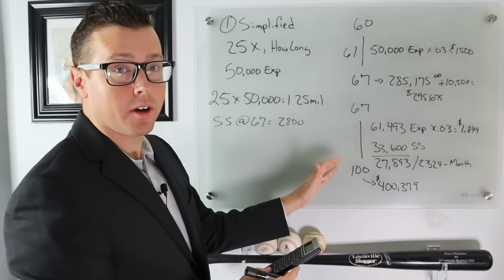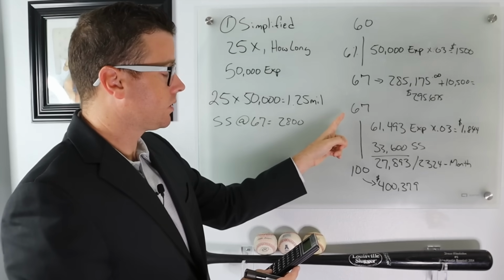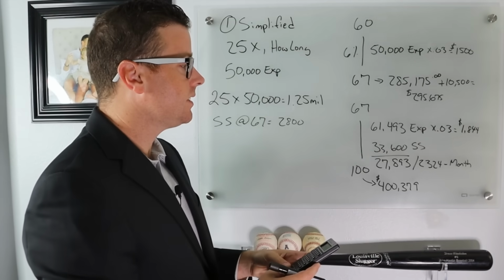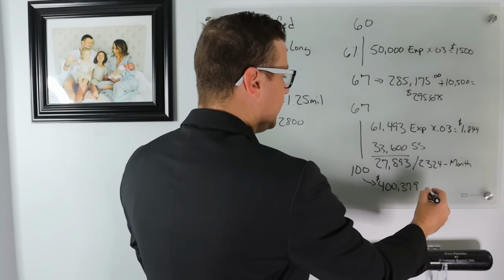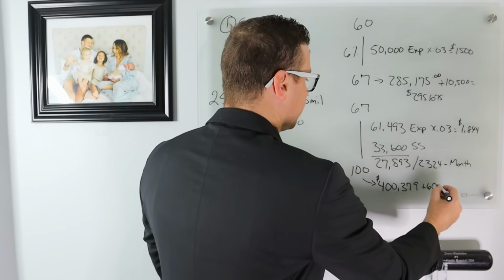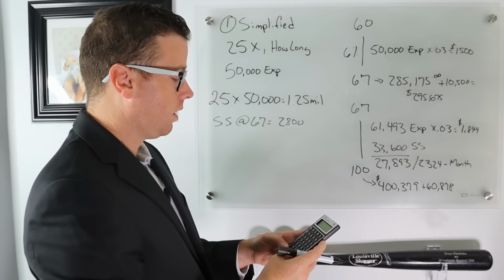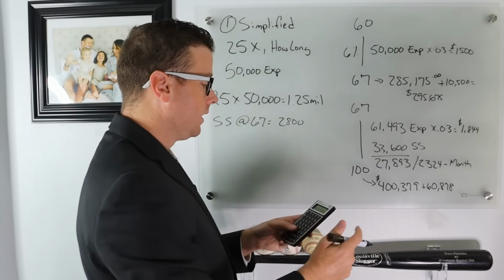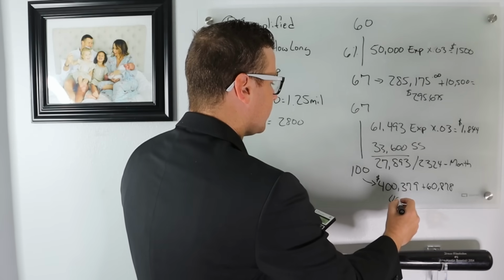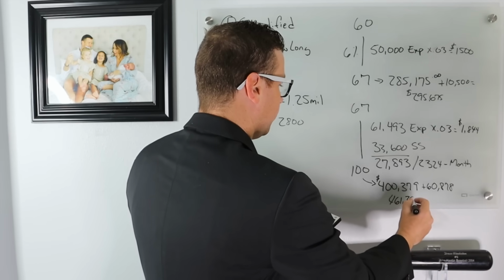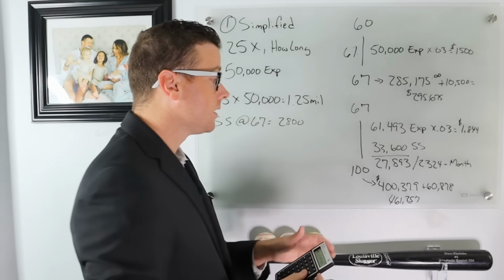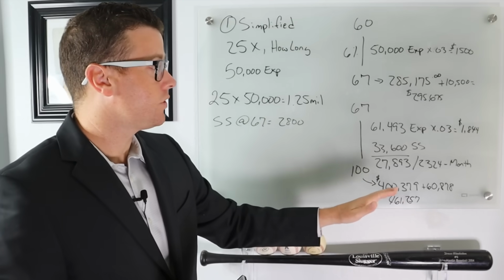So from 70 to 100 is 30, plus 3 is 33. So that's $60,878. We have to add that figure for inflation. So plus 400,379, we need at least $461,257. So that's the least amount with inflation added in.